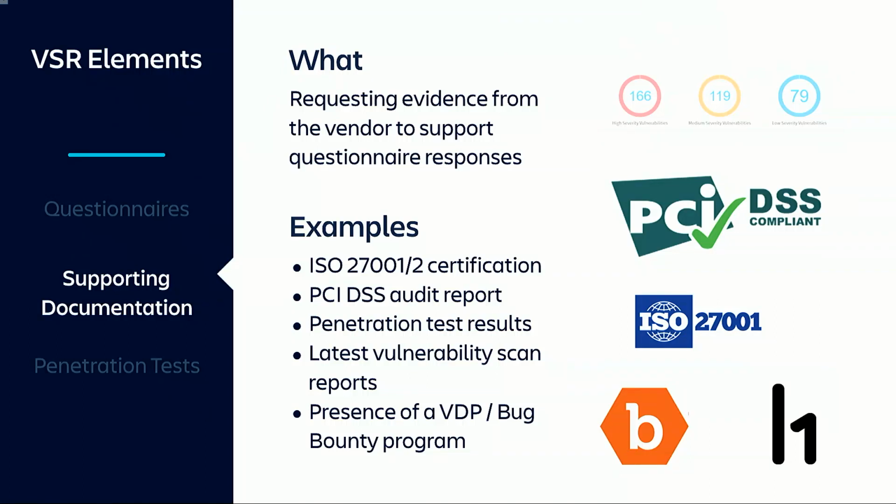So the next logical step is to ask the vendor to provide some additional materials in addition to the questionnaire to verify this. Some examples could be industry-level certifications like ISO, audit reports, penetration testing results, scan reports, et cetera.